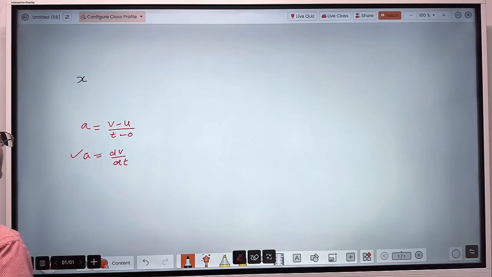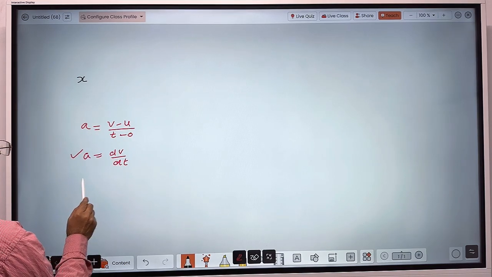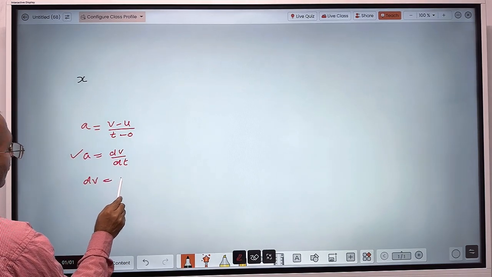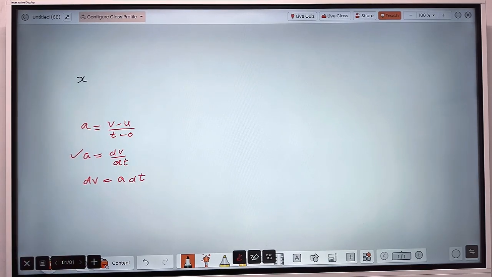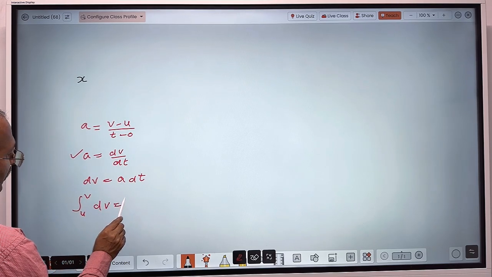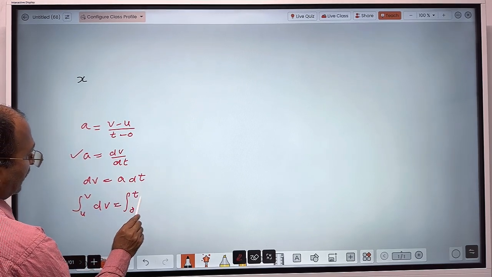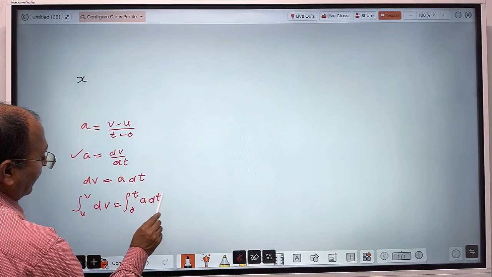So we can start from here. This is just for your understanding. Now what do we do? We write dv equal to a dt. Velocity changes from u to v, so we can integrate it within limits u to v dv is equal to time changes from 0 to t, a dt.